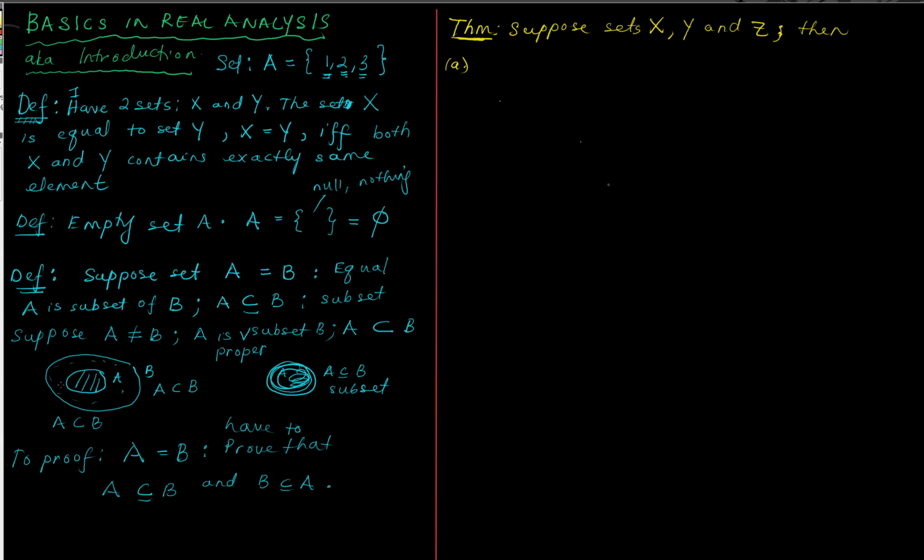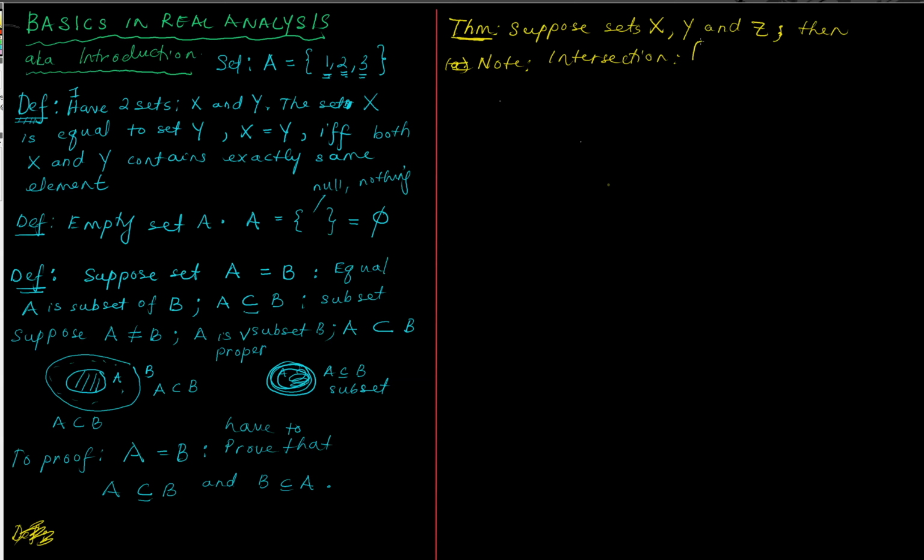Oh, wait, in order for me to do that, we need the definition of intersection. Instead of the definition, let's just do the notation. You should know intersection by now, right?